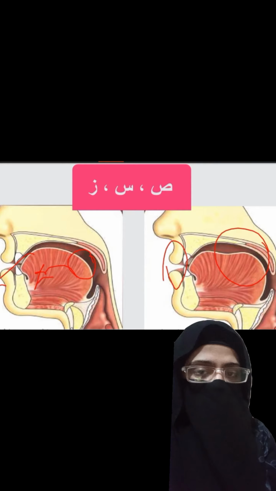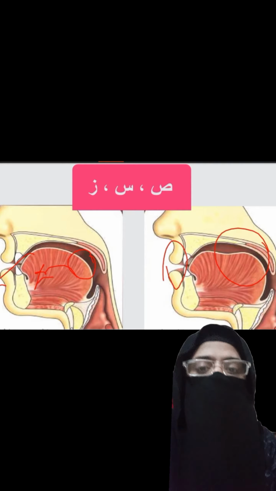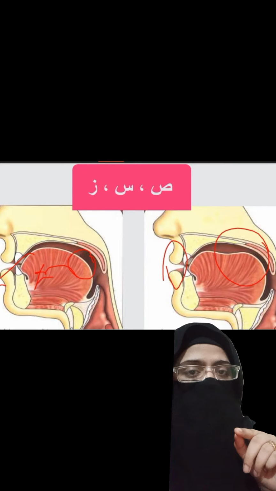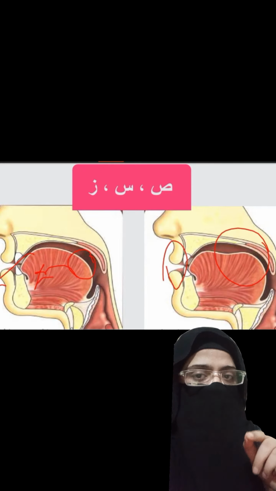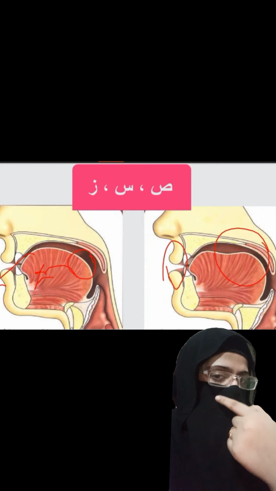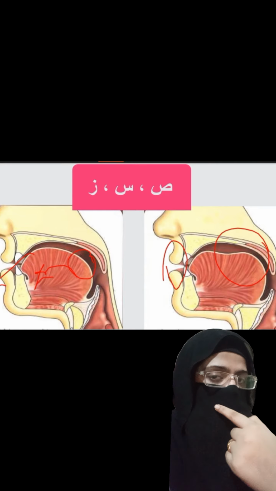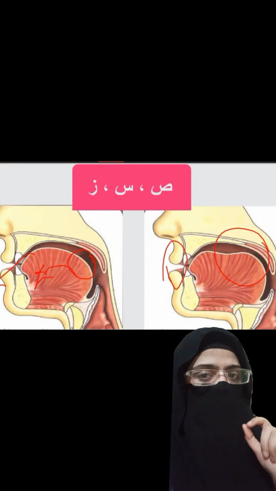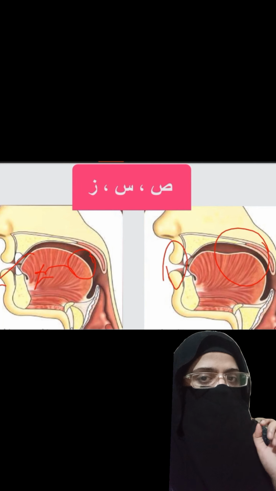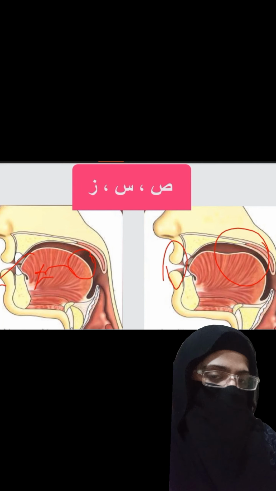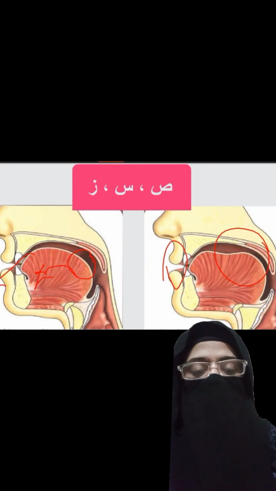Important tips for students, okay? Keep the sound directed towards the roof of the mouth. Avoid pushing the sound outward towards the lips, okay? The letter Seen.